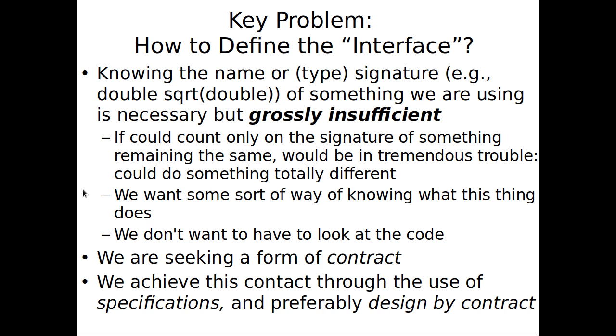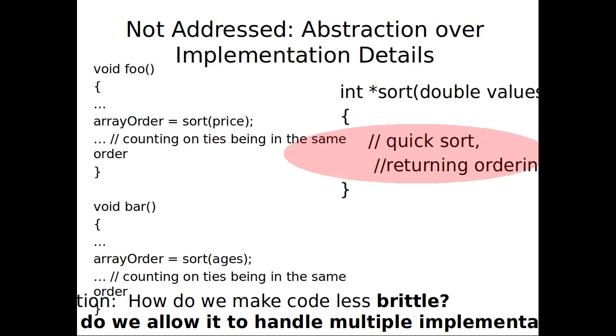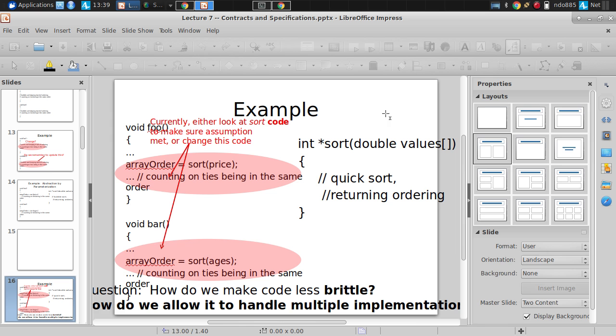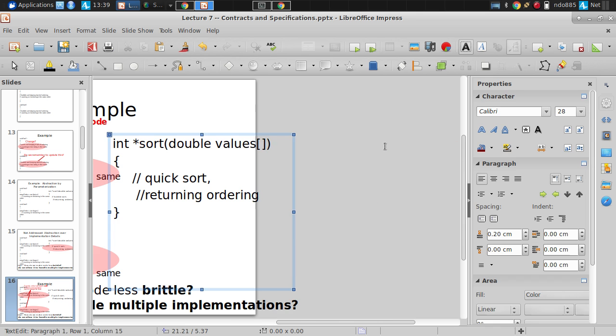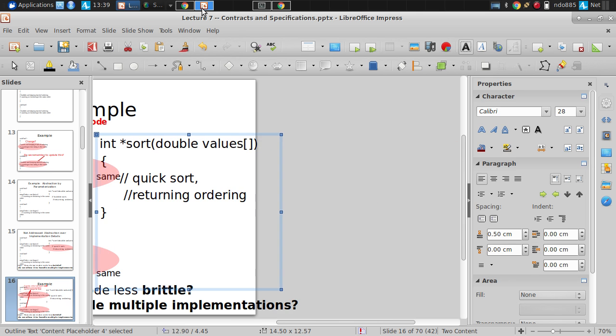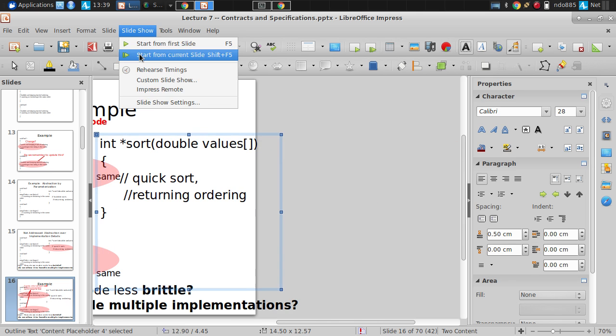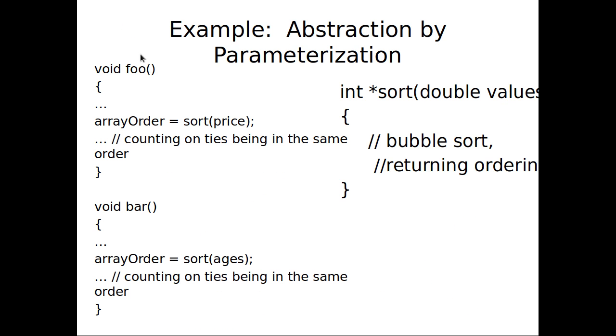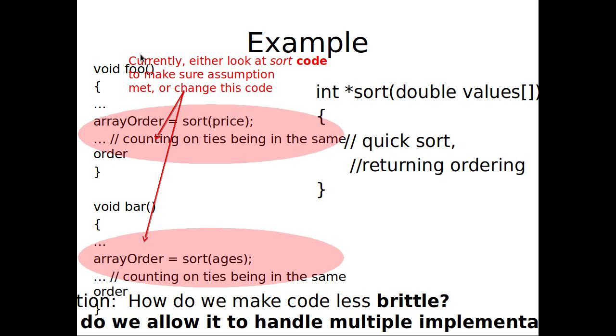And just knowing that something has this certain signature, like, okay, this is here, I'll move this over here, there we go. Just knowing that this is of this signature, star sort double values, just knowing that that's the signature is not going to be very helpful to knowing what is guaranteed.